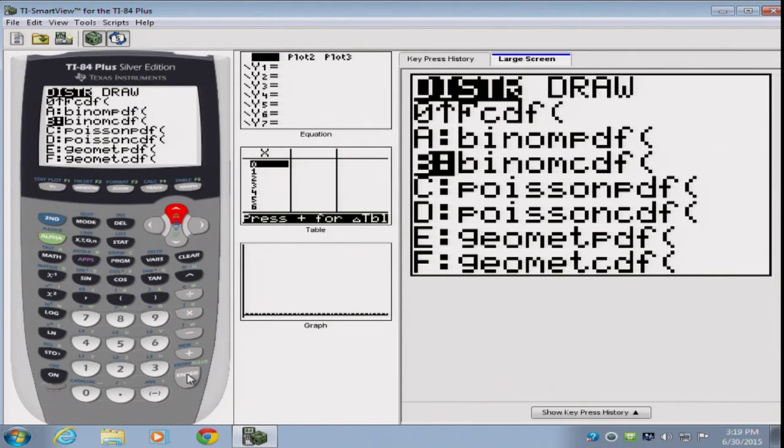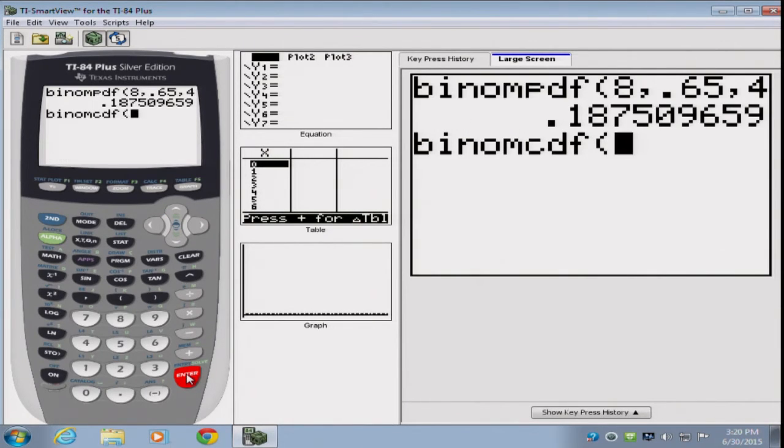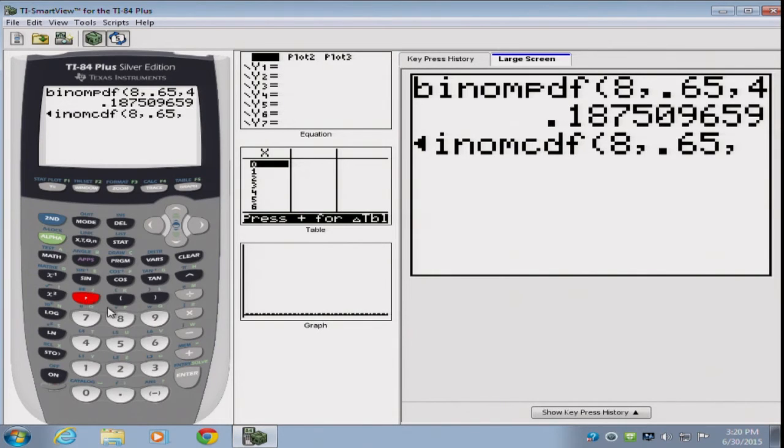So we're going to select binomCDF. Okay, we still have the 8 trials and 0.65 for our probability. Now this third number asks how many of these you want it to add. I want it to add all the way up to and including the 3. So I want it to add 0, 1, 2, and 3.